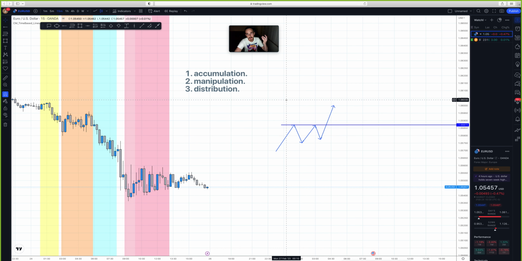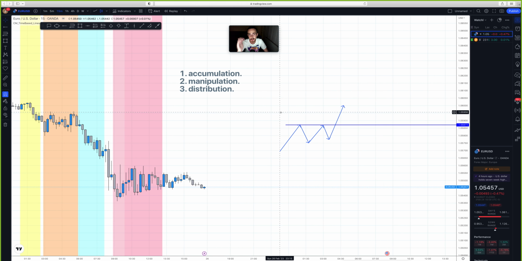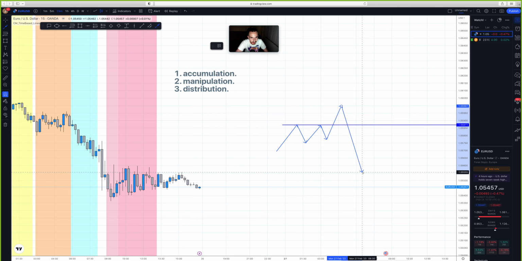Same thing goes for an area of demand. It's just flipped upside down. I'm just doing supply, because if I had to do both, the video would be super long. So we have supply, a manipulation above, and then comes the distribution like this. Then we're going to get a big movement after we break these highs.